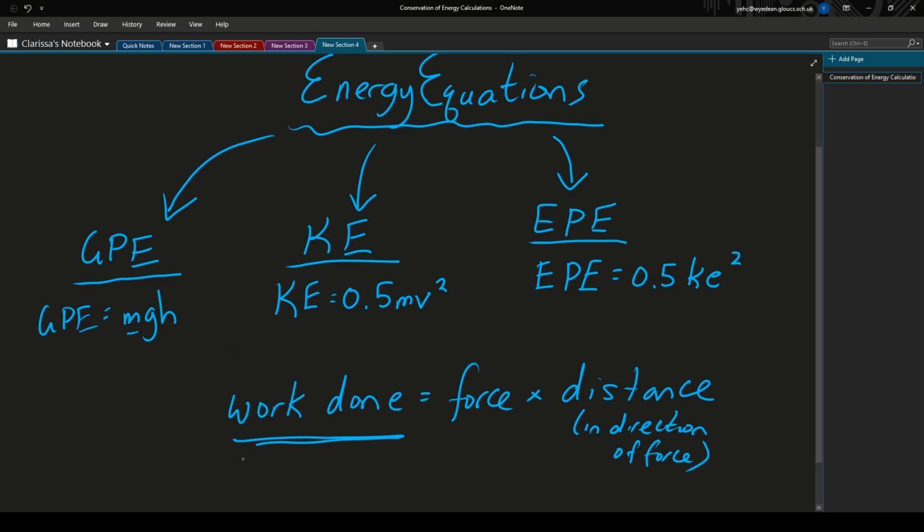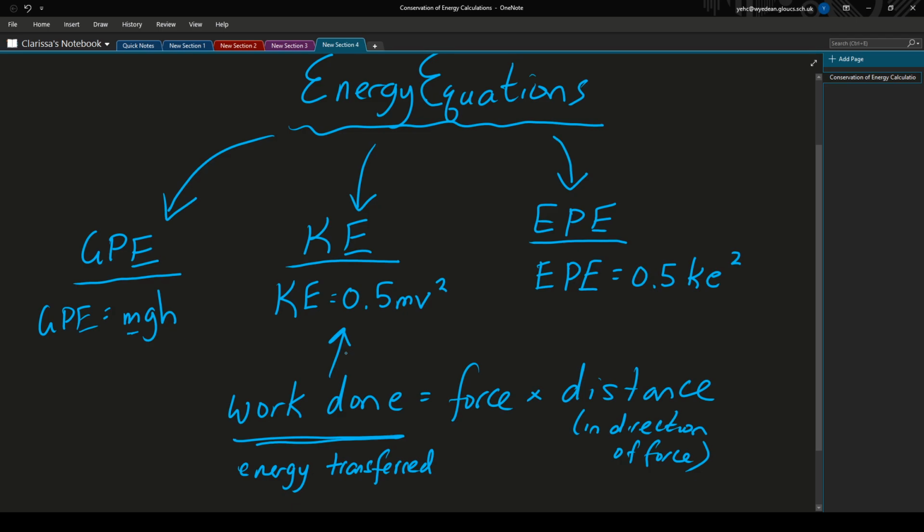Work done is just what we call an energy transfer when it's transferred by a force. So, for example, let's say a force was used to push something to cause it to move. Well, then our work done would be the same as our increase in kinetic energy.